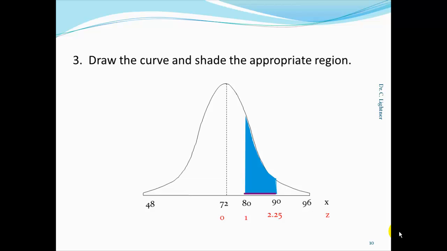Next, we draw this normal curve, indicate our interval of interest, and shade in the area under the function in this interval. We then go to the z-table to look up the z-score 1 and the z-score 2.25.